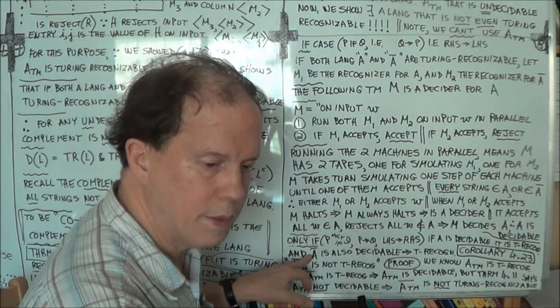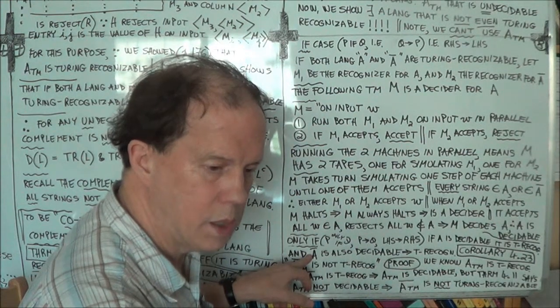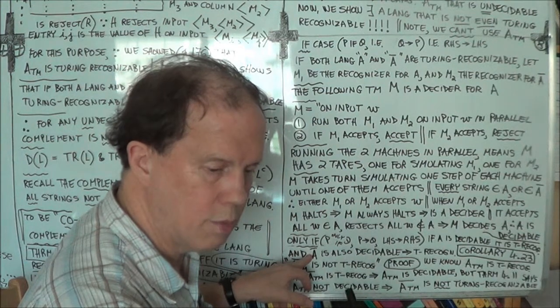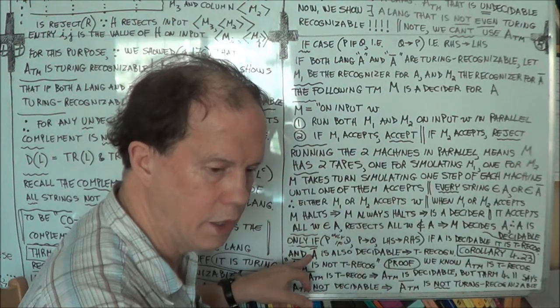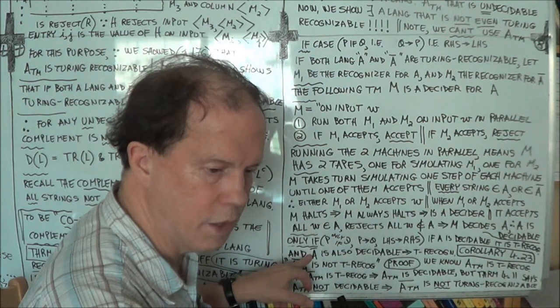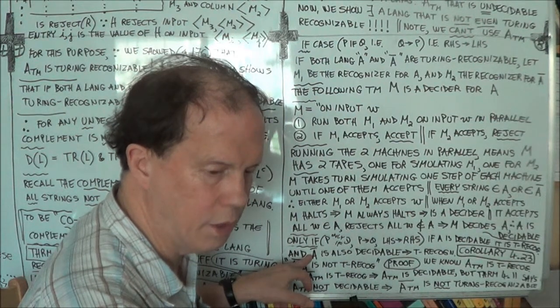So there's two machines, P and Q. P will accept all strings of A and reject all strings not in A. And Q will do the opposite. It will reject all strings in A and accept all strings that are not in A.